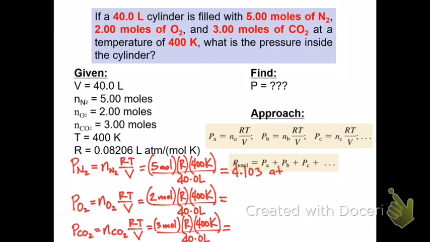And this is in atmospheres. For oxygen gas, 2 times 0.08206 times 400 divided by 40, and we get 1.64 atm. And the last one, 3 times 0.08206 times 400 divided by 40, and we get 2.462.